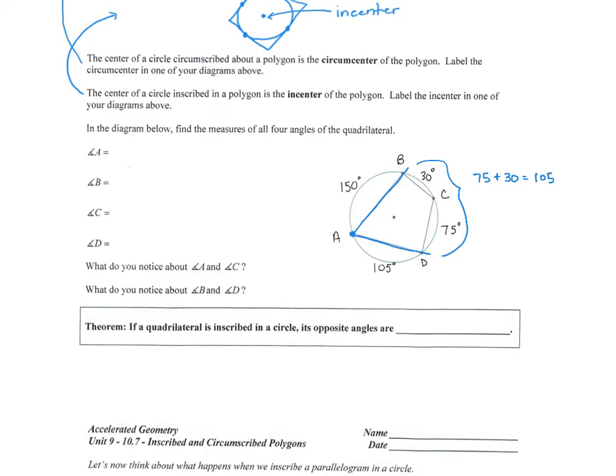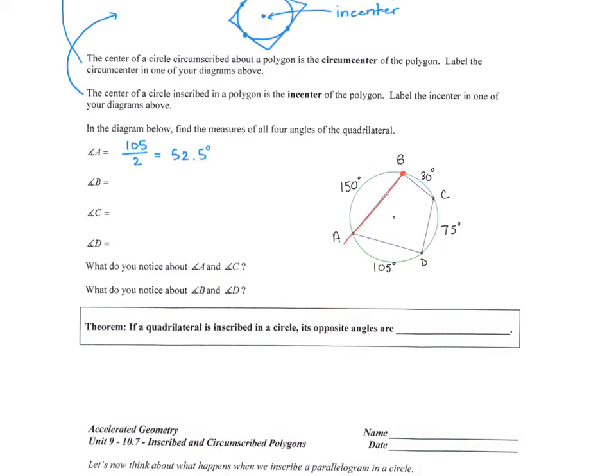And if the angle vertex is on the circle, then the measure of the angle is half the measure of the arc. So the measure of angle A will be 52.5 degrees.